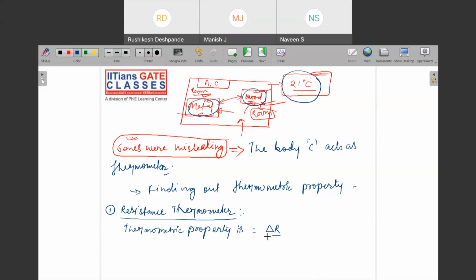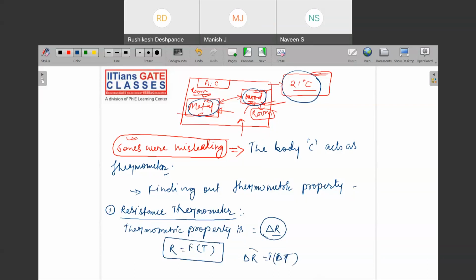Then there is some change in delta R, and if you know the relation between R and temperature, if you know R as a function of temperature, then you can find out delta R by the Wheatstone bridge, and then you will find out what delta T is.